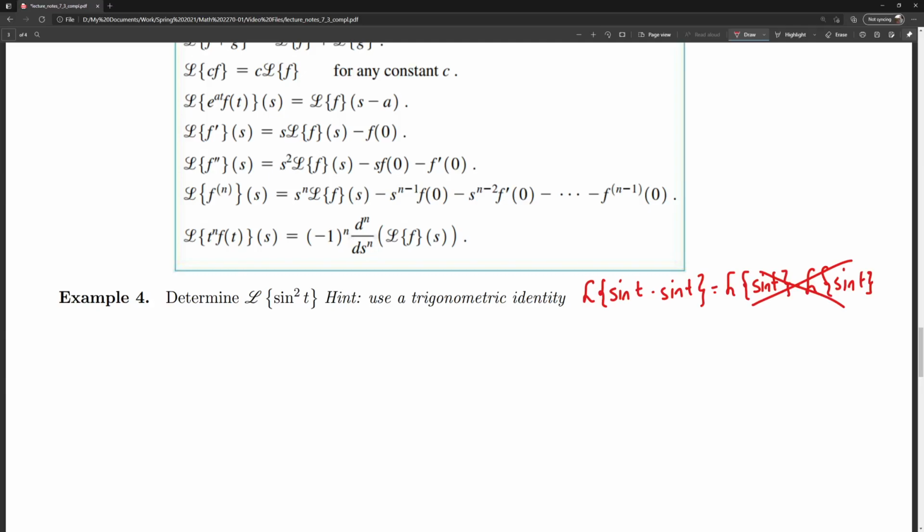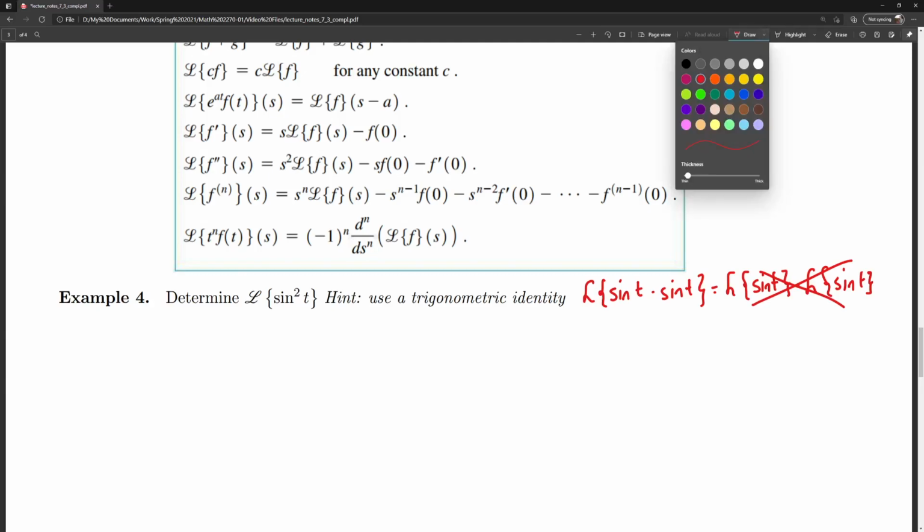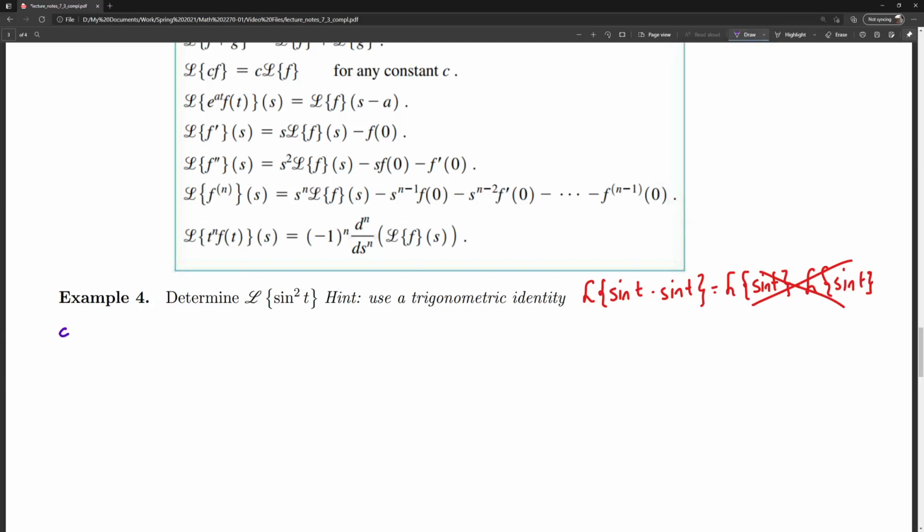So what we can do here is use a trigonometric identity, and the identity we'll use is the one for cosine of 2t, because that is equal to 1 minus 2 times sine squared t.